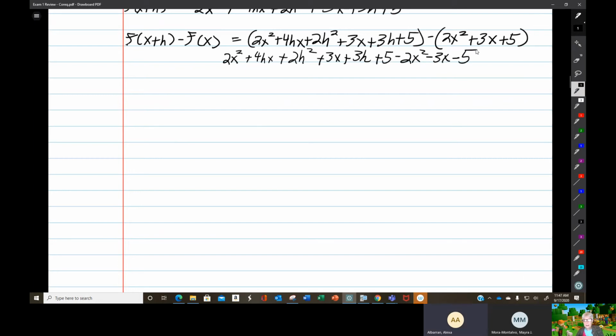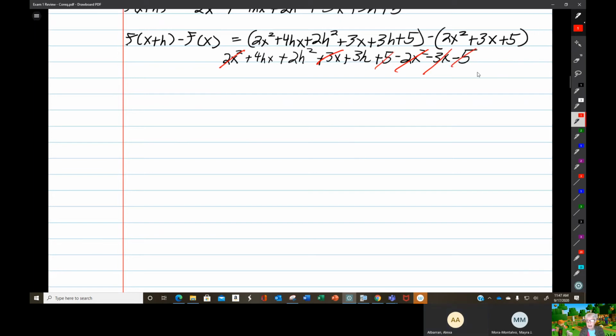And now that all the parentheses are gone, you've got to wait till the parentheses are gone, you can combine like terms. So you're going to have 2x squared minus 2x squared and positive 3x minus 3x and 5 minus 5.